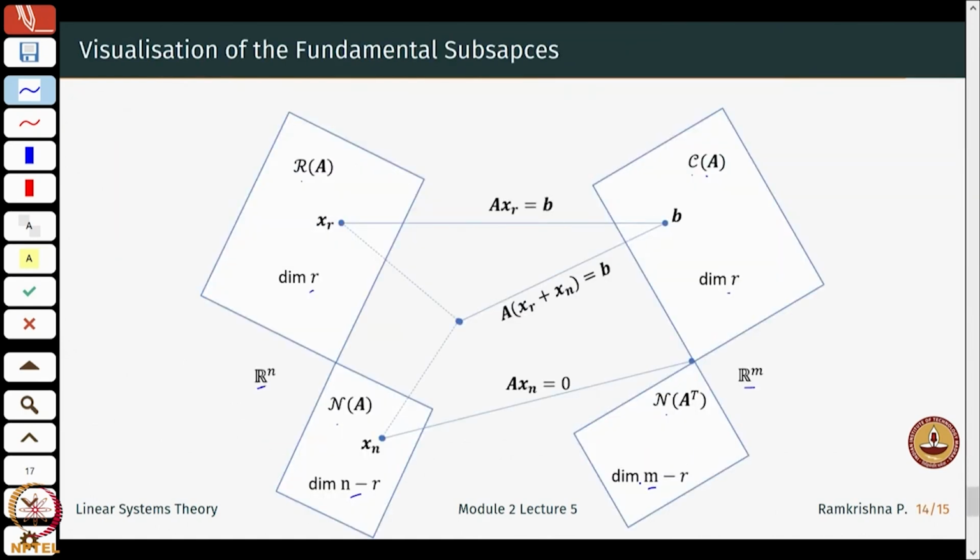Okay. Now, what does this mean? The null space of A means the following: if I take a vector xn which belongs to the null space of A, the map A will take it to the origin. Similarly, xr via this transformation A will go into the column space of A of dimension r.